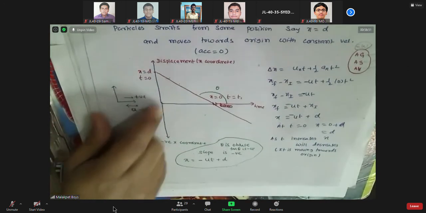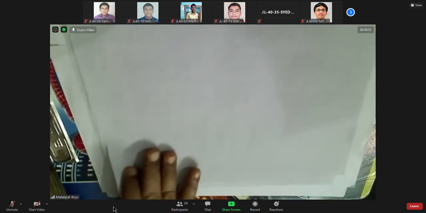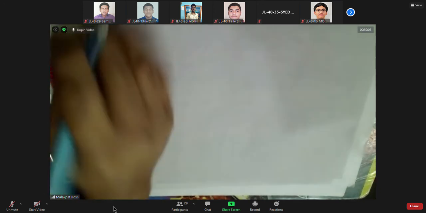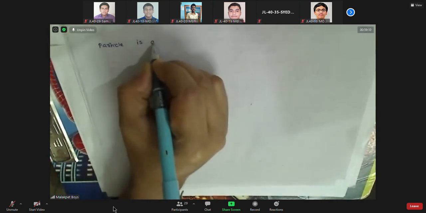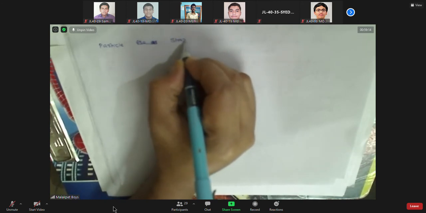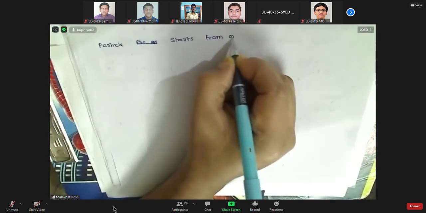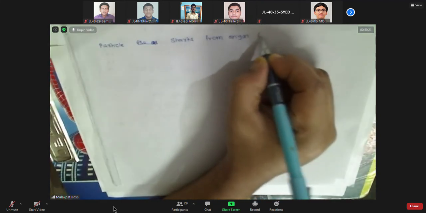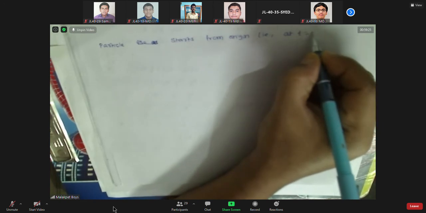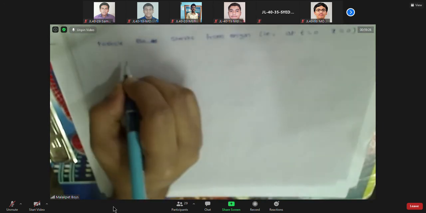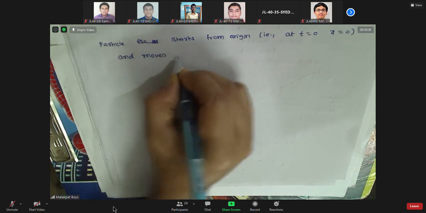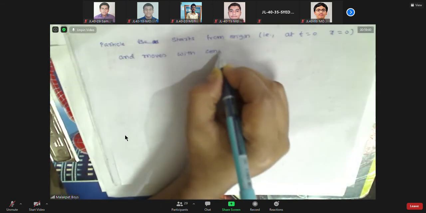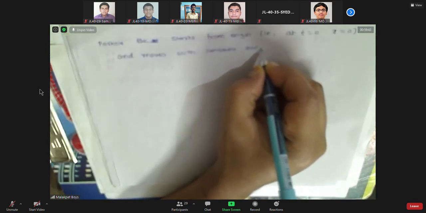The particle, this side is positive and this side should be negative, no? Say for example, the next particle, that is at the beginning.